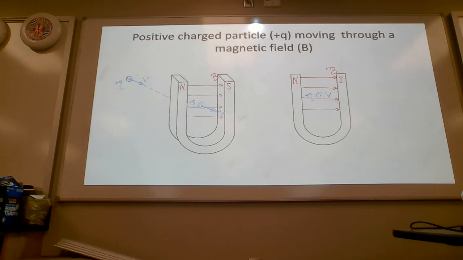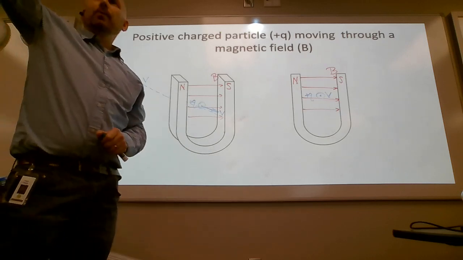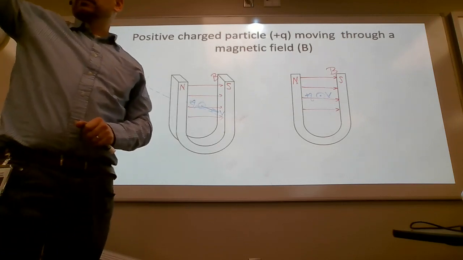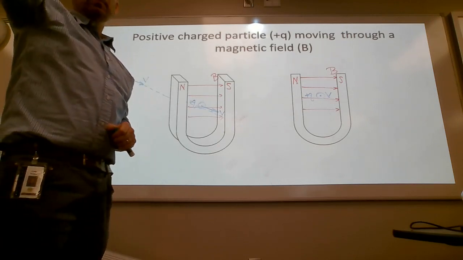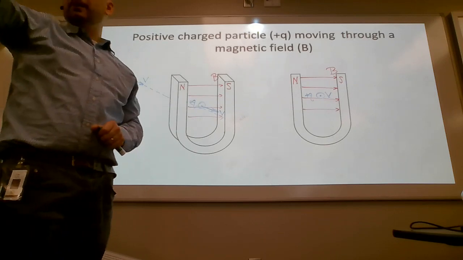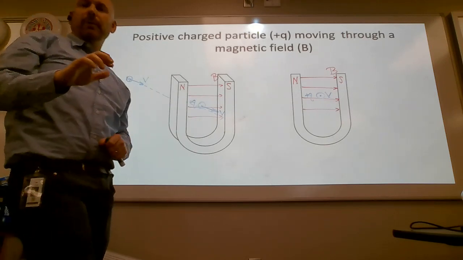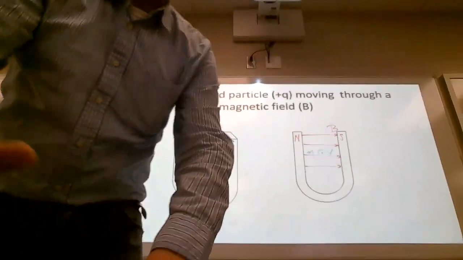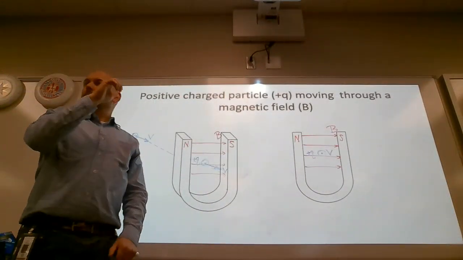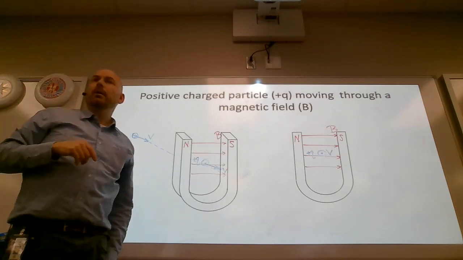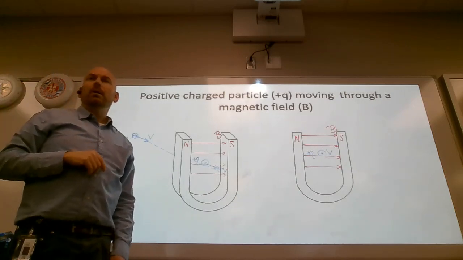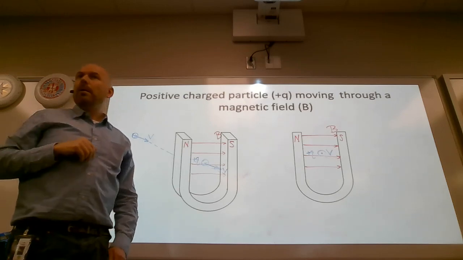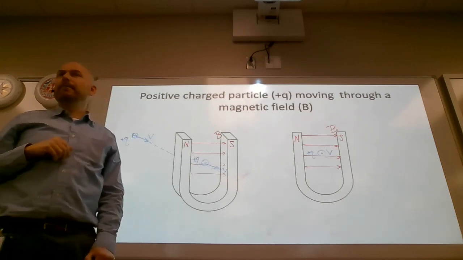In right hand rule number 1, what did your fingers represent? Tell your neighbor. The velocity? Yep.